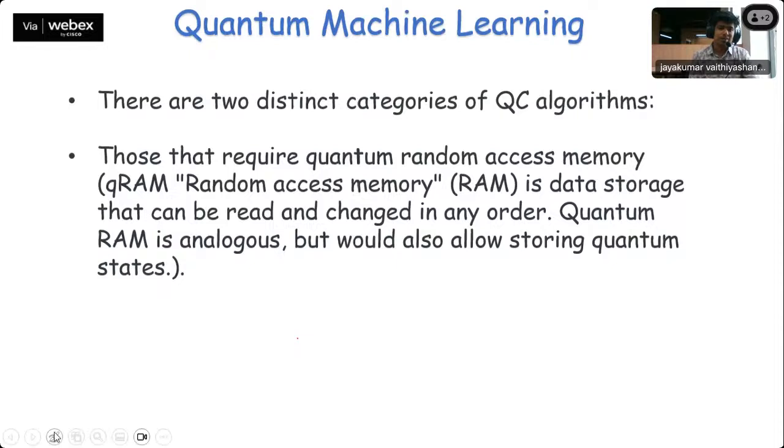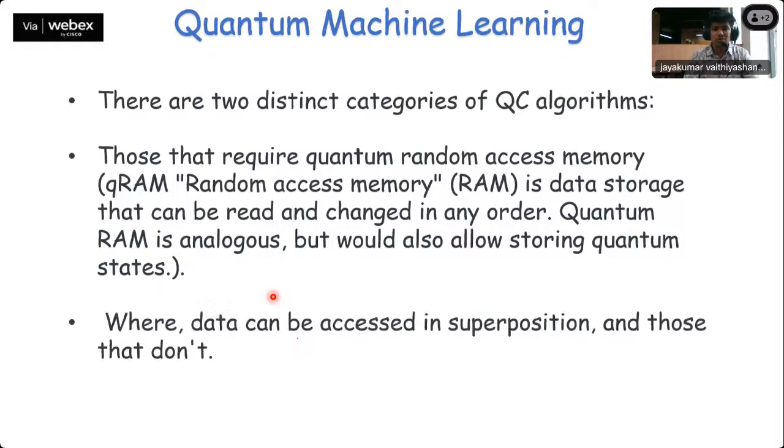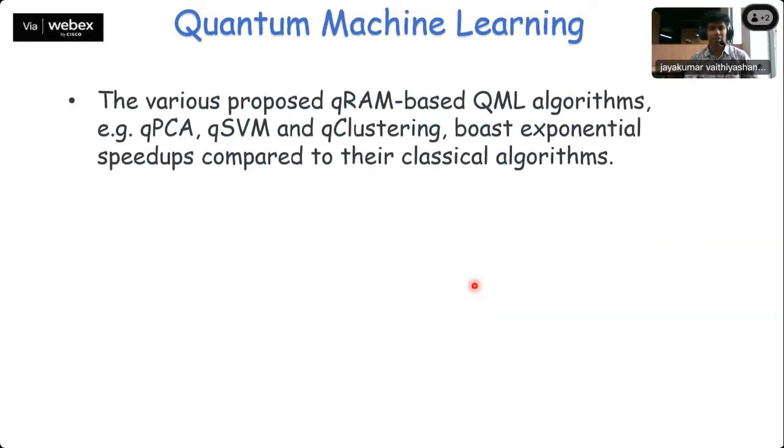Then imagine how fragile your system is. Whenever you are feeding data, loading your data, it will turn into a quantum state, and it will be considered like superposition. Superposition will stay for a few milliseconds. So before it decays, you need to do all your computation. That is why quantum memory is quite challenging and very, very limited.